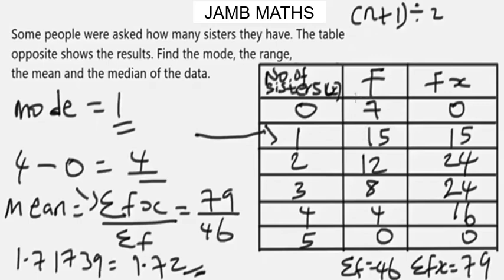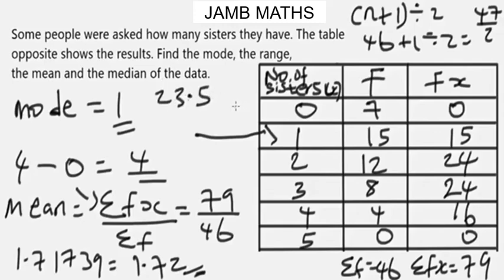Our sigma f is 46, so we have 46 plus 1 divided by 2, which gives us 47 divided by 2. When you punch it in the calculator, we have 23.5.